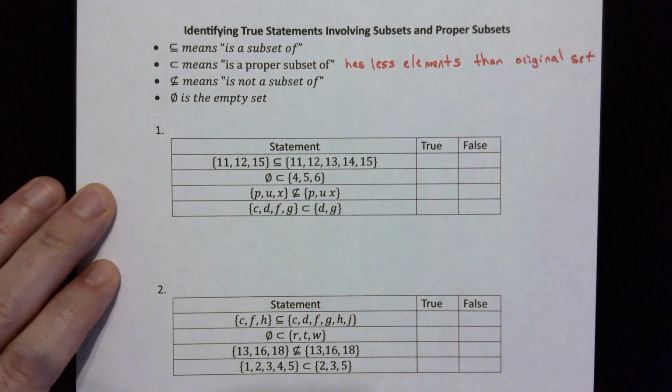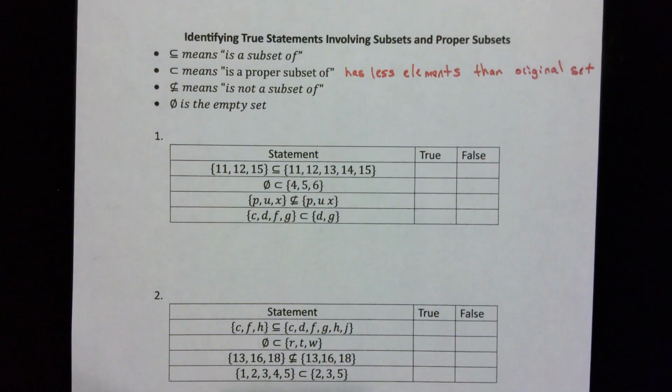So if it's a proper subset, it has to have fewer things in it than the set you're asking about. It can be a subset and a proper subset at the same time, but you can also be a subset without being a proper subset. If you have the same number of members in both, then it's not a proper subset.